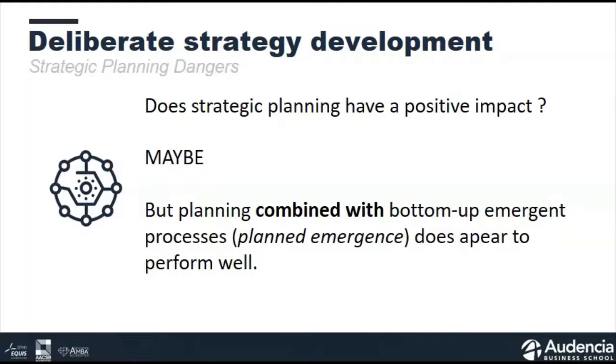there is positive impact. So basically, we're going to plan on something that is bottom-up. We're going to organize ourselves so that what we do from the bottom up is effective.